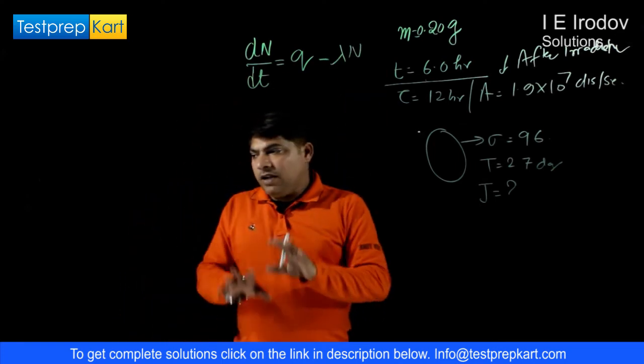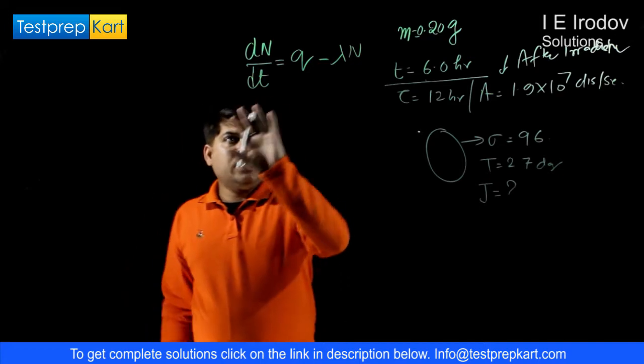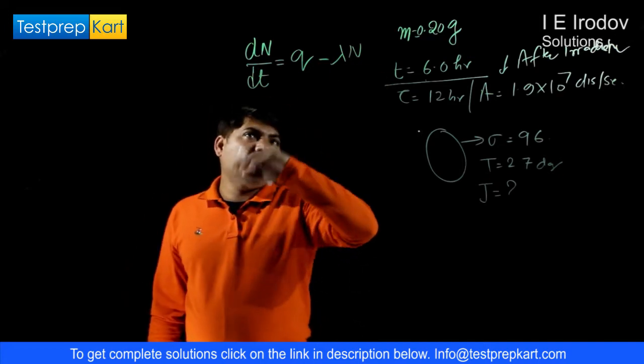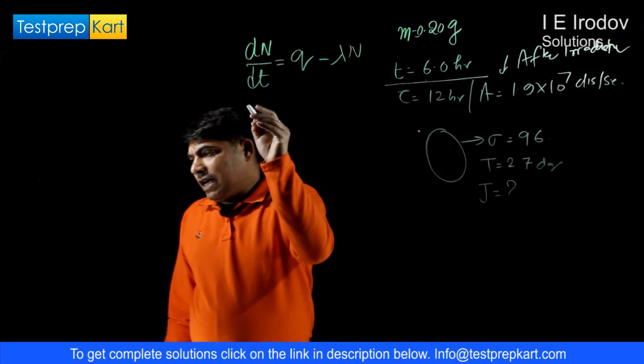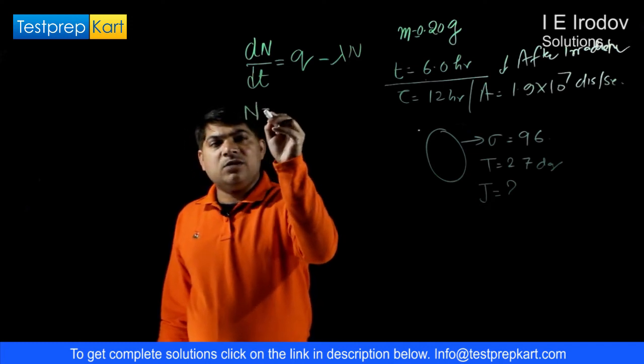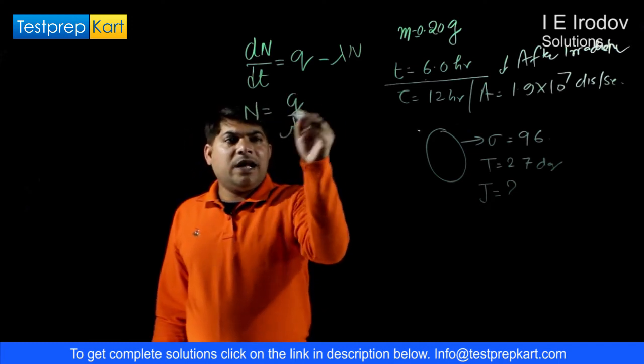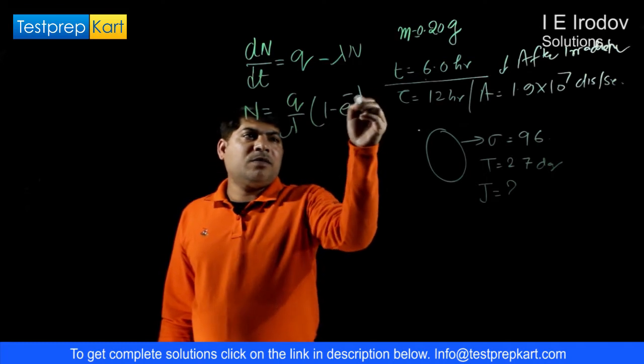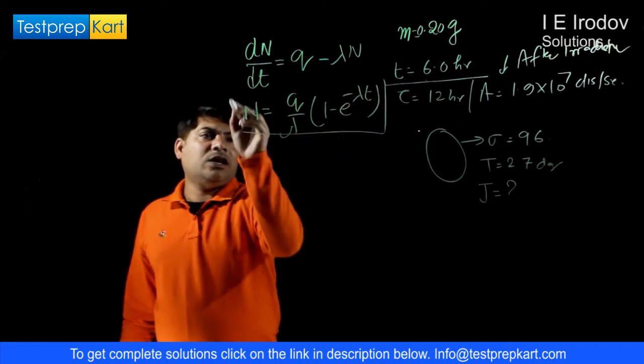We already derived the relation in previous questions, so we can directly write n equals q over lambda times (1 minus e to the power minus lambda t).